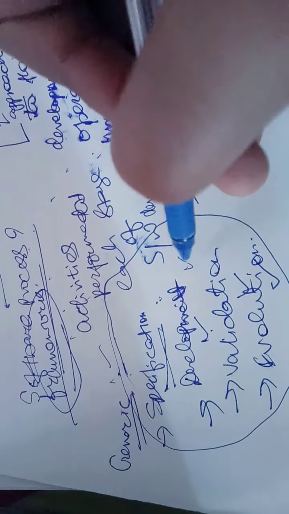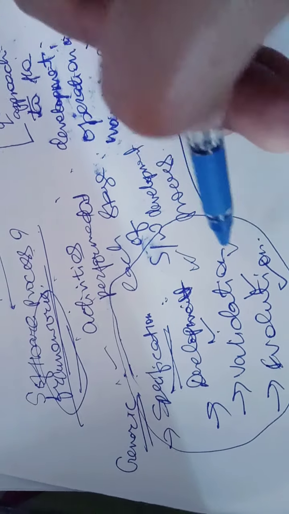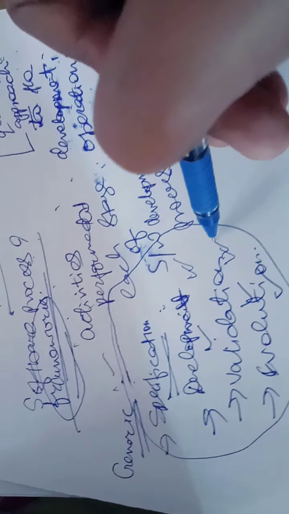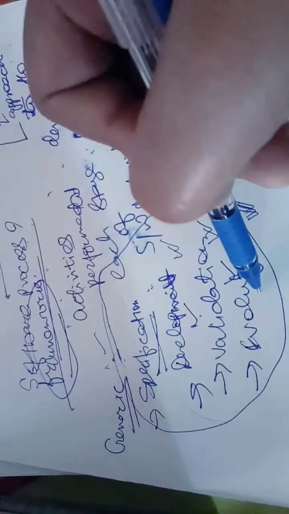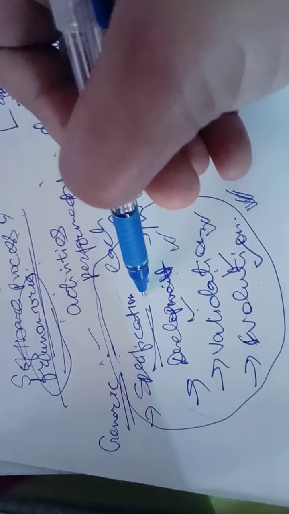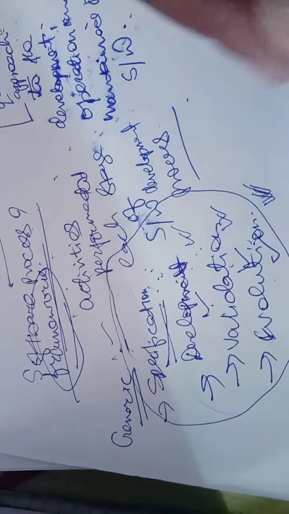Development is the production process. Validation will check whether it is the actual software or not. Evolution: every change in the software is called evolution. These are all the activities that we do while developing the software. That's why they are called the software processes.